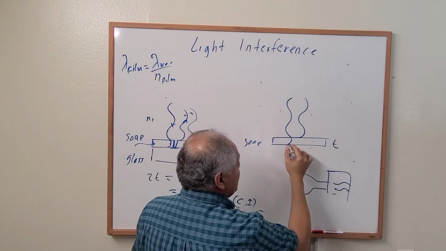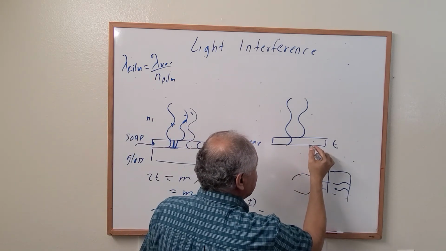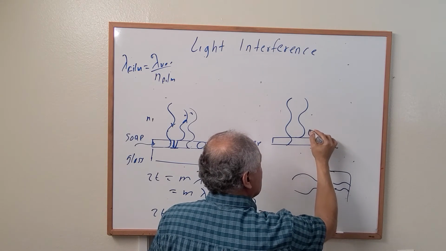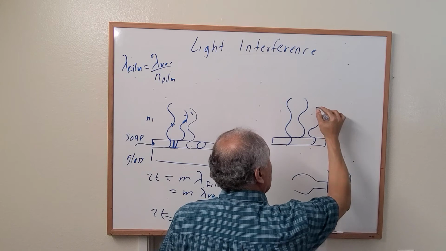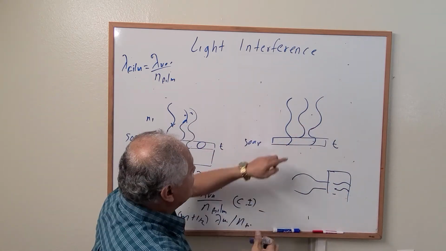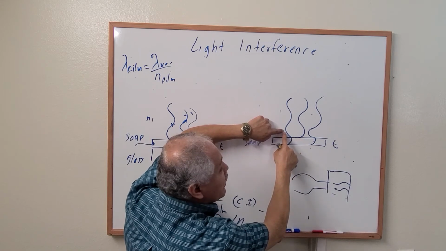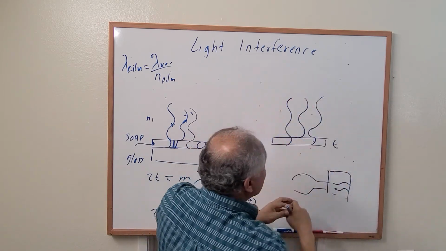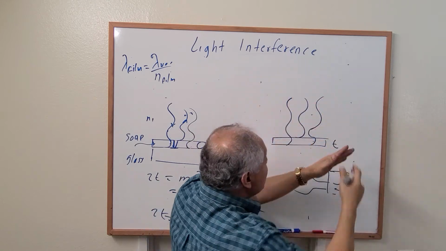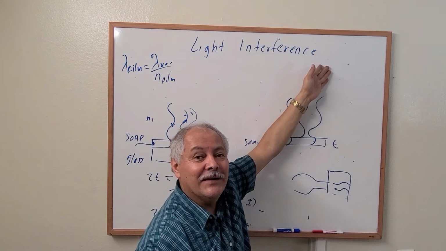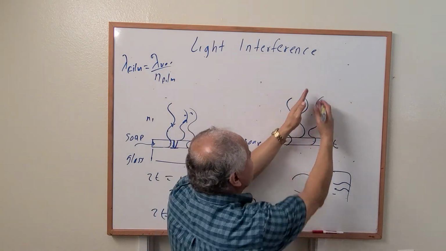Meaning that this one is reflected in phase. But now right here it goes out of phase with the second one. Right, one more time. Look, this is out of phase with this one, but this one is in phase. So at the end, they interfere destructively, right? Destructively when they join in that way.